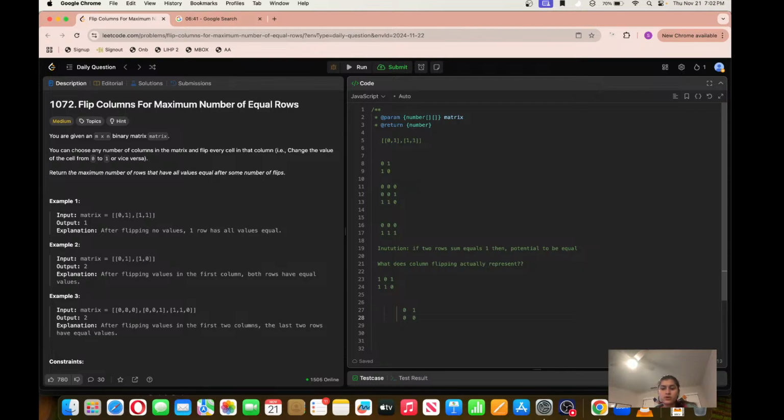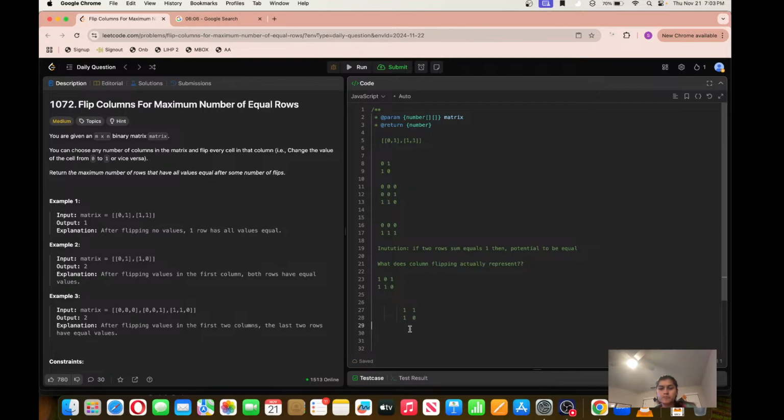What if it is 0 and 1? Then also I can flip it and make it 1 and 0. But what if it is 1 1?